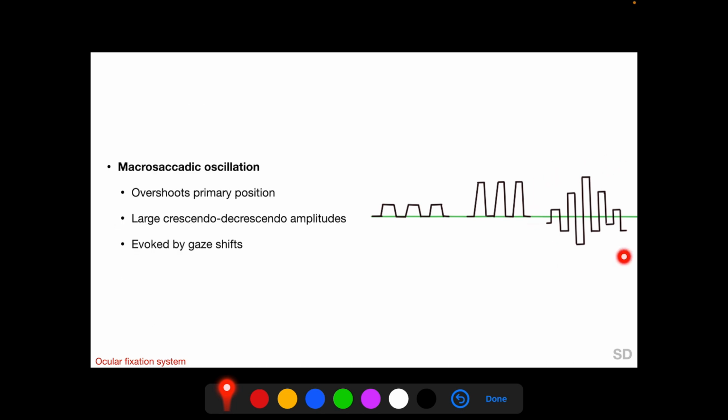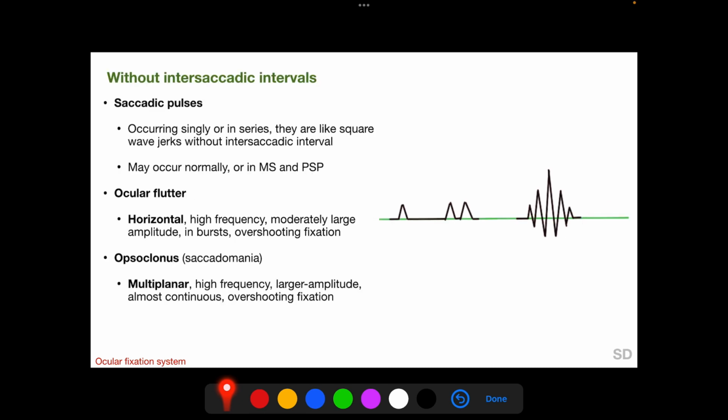And in macrosaccadic oscillation, the back-to-back saccades overshoot the primary position, and macrosaccadic oscillations have large amplitudes in a crescendo-decrescendo pattern. So they have a phase in which the amplitude increases followed by a phase in which the amplitude decreases, and the pattern repeats. And macrosaccadic oscillations are evoked by gaze shifts.